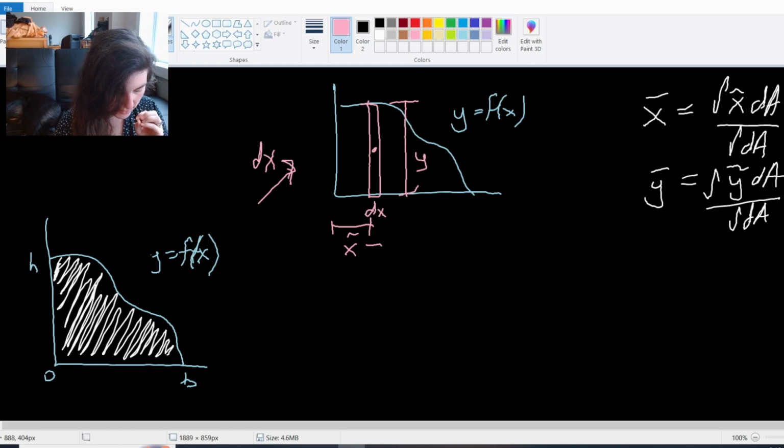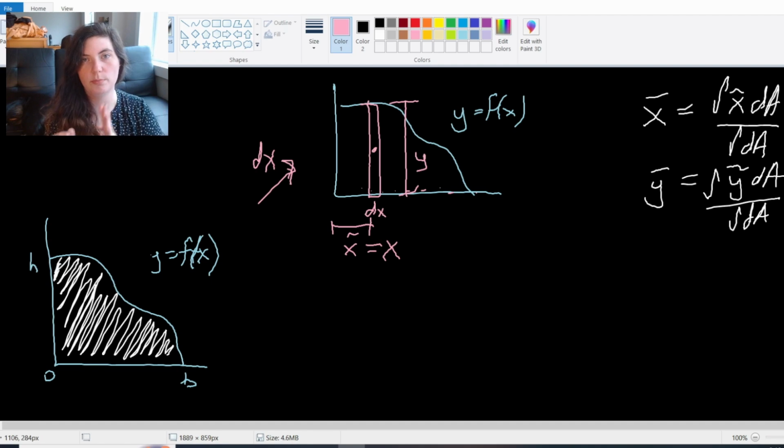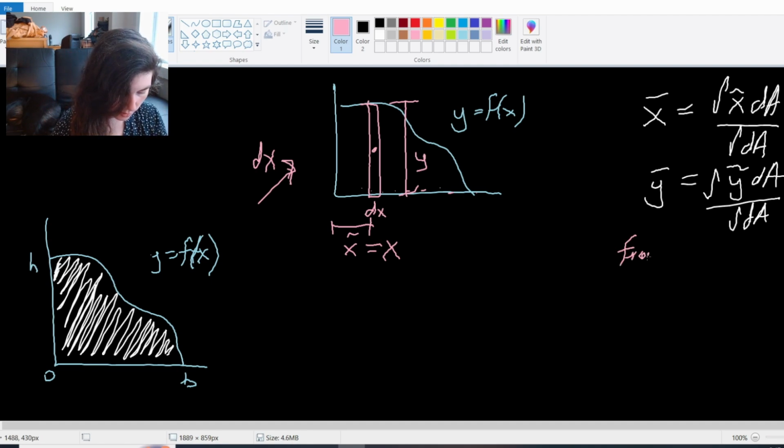And here I'll notice my x tilde is actually equal to the x distance as I go along, walking out from the y-axis. So here I'm coming out from the y-axis. My x tilde is just equal to whatever my x value is, right?